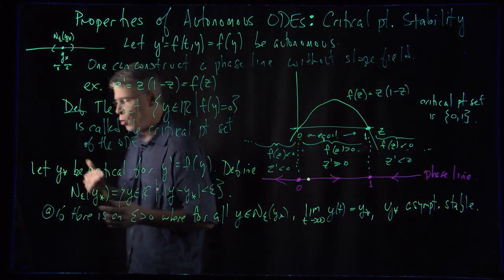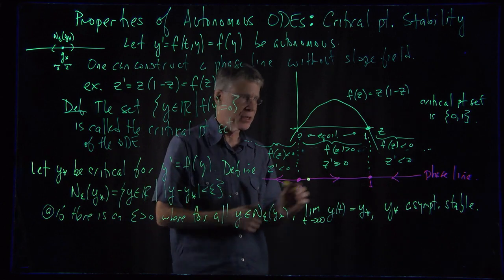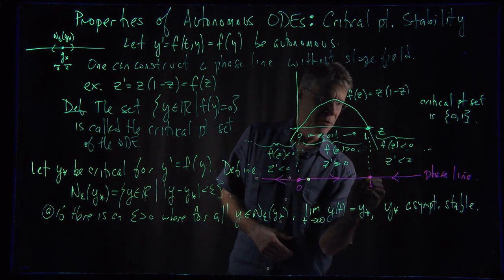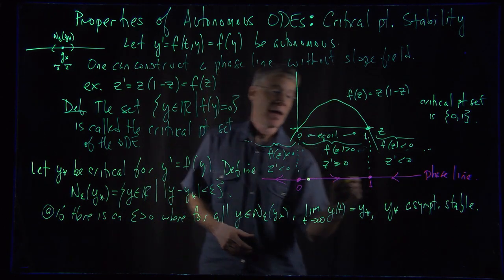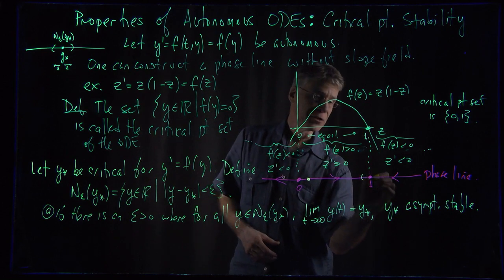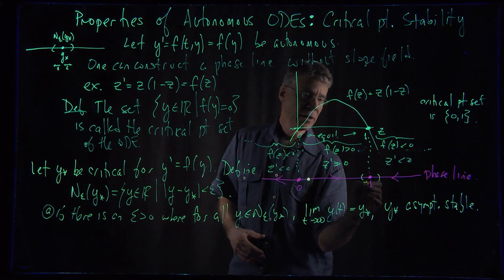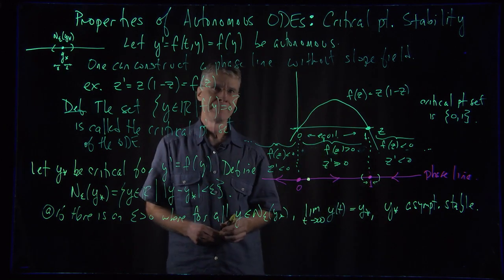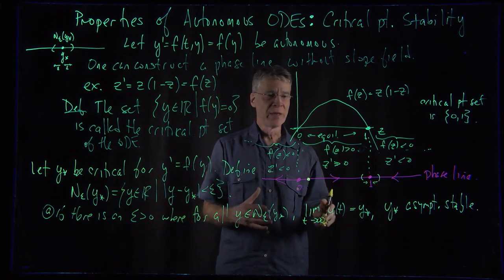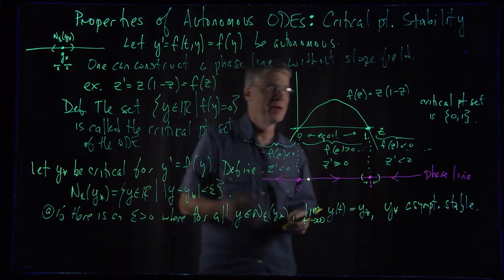What that means is the following, and here's our example. If I take my equilibrium at 1, and I can find a small neighborhood where every solution in that neighborhood heads towards 1, then I know this equilibrium is a nice one.